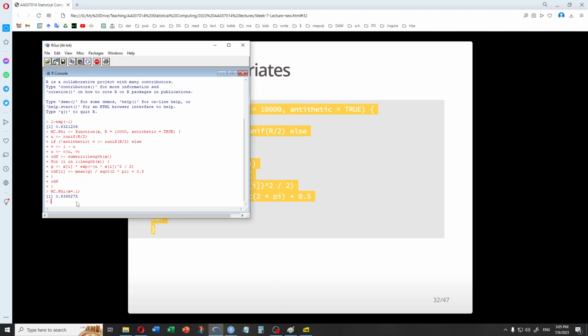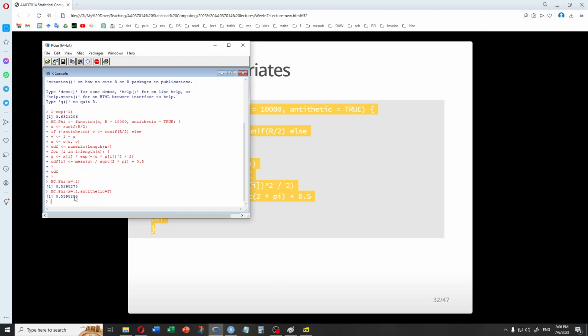This is assuming that antithetic is true. Let's say I put antithetic equal to false, so this is without the antithetic variable.